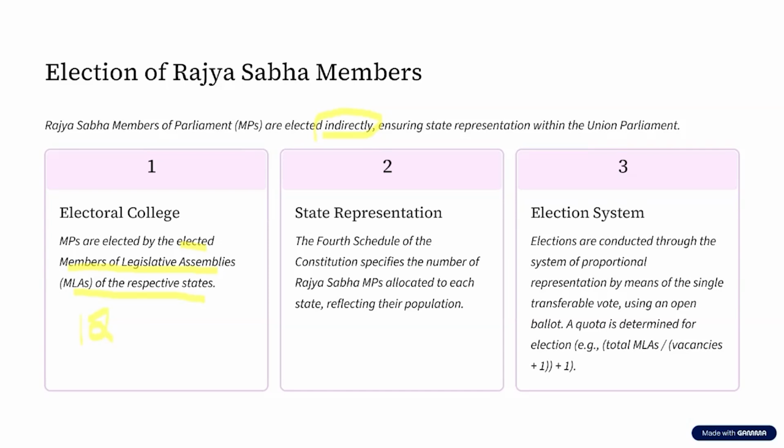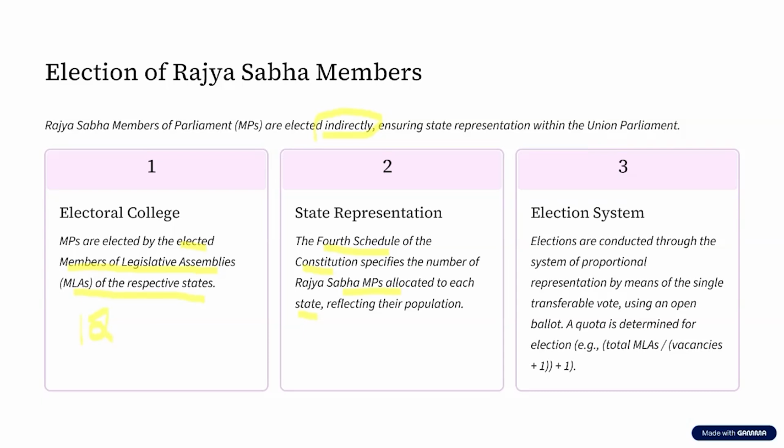Before that, the Fourth Schedule of the Constitution of India specifies the number of Rajya Sabha MPs allocated to each state. I told you that Karnataka has 12 Rajya Sabha MPs. Who says Karnataka has only 12? It is found in the Fourth Schedule of the Constitution of India.